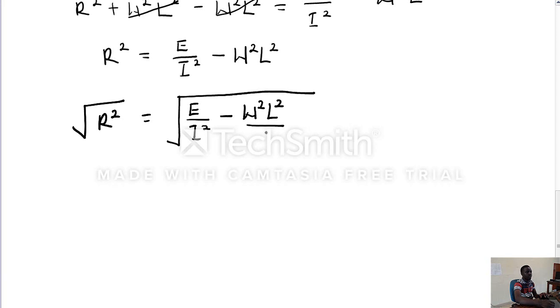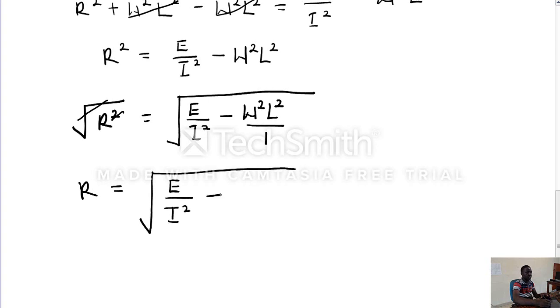Let me put this over 1, and our square root will cancel this square, leaving us with R is equal to square root of E divided by I squared minus W squared L squared, over 1.